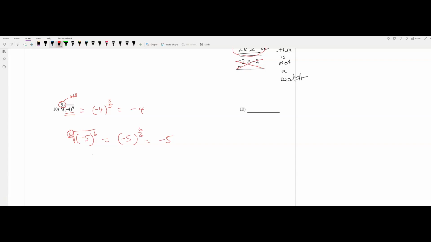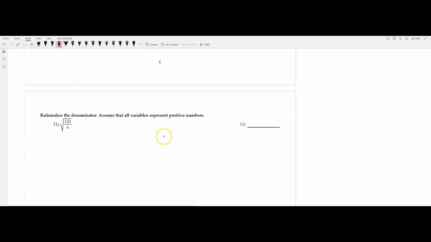So I need to represent this as the absolute value of negative 5. That must be done. Okay? Because that value has to be representative of a positive number, not a negative one. So very important.